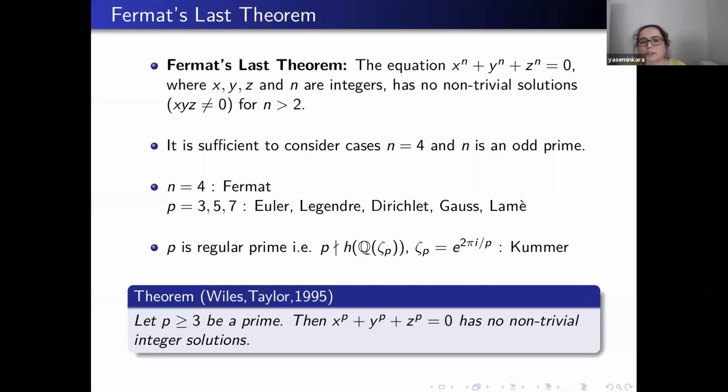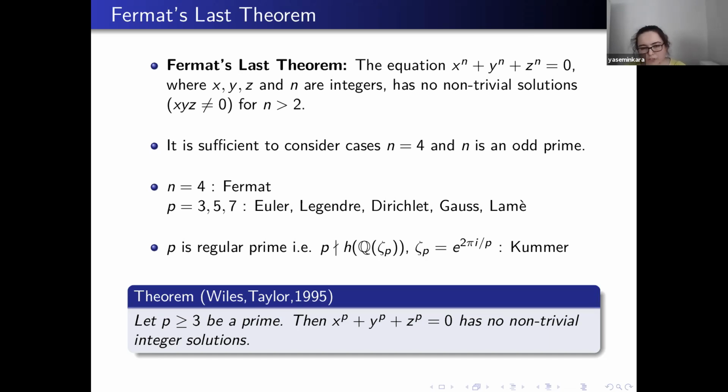For other small primes like 3, 5, and 7, many important mathematicians gave proofs, like Euler, Legendre, Dirichlet, Gauss, and Lamé. For p a regular prime, Kummer proved the statement. A regular prime means p doesn't divide the class number of Q adjoined the p-th root of unity.